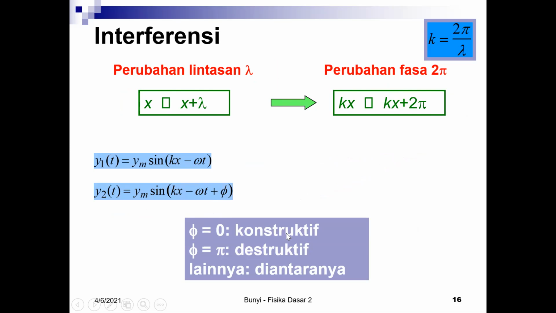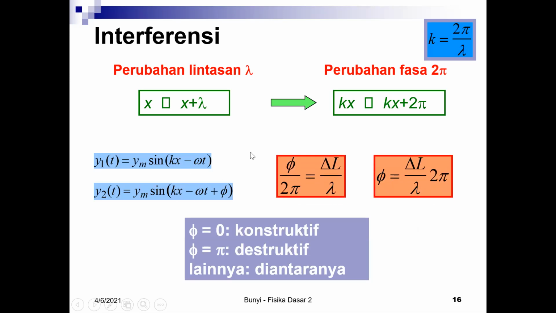Phi equal to 0 we call constructive interference, while phi equal to pi is destructive interference. So phi over 2 pi is delta L over lambda.